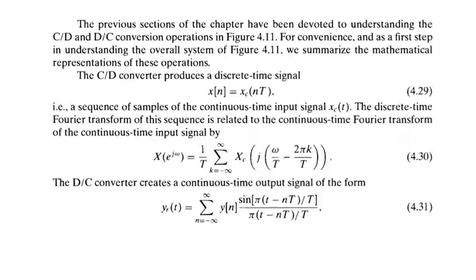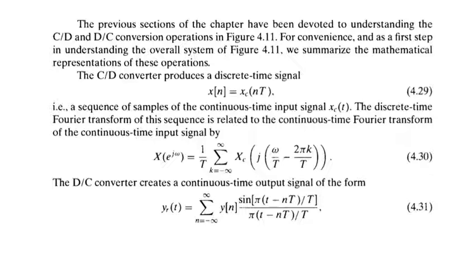Its equivalent in frequency domain is the Fourier transform of x of n, X(e^{jω}), in equation 4.30. You must have seen that equation, where we find the spectrum of xc of t and then we discretize it. The summation is because of the copies of the spectrum, and 2πk is the multiple of the sampling frequency, and 1/T is the scaling of those copies.